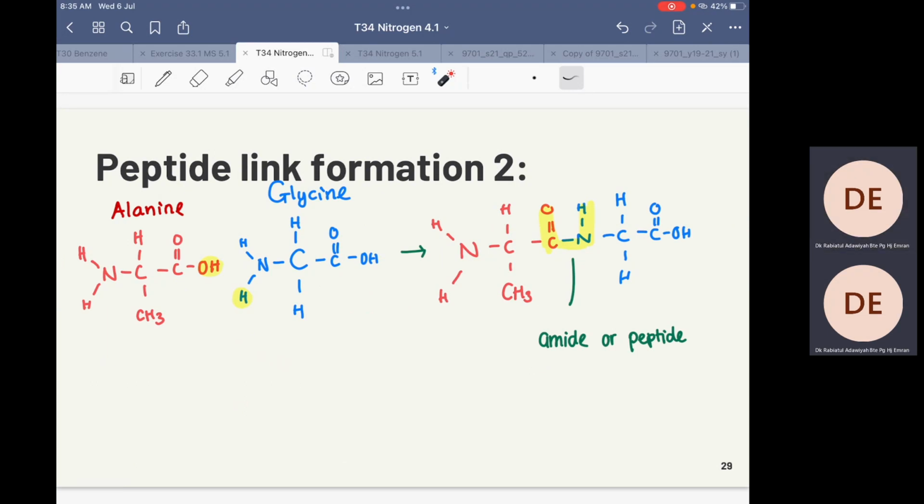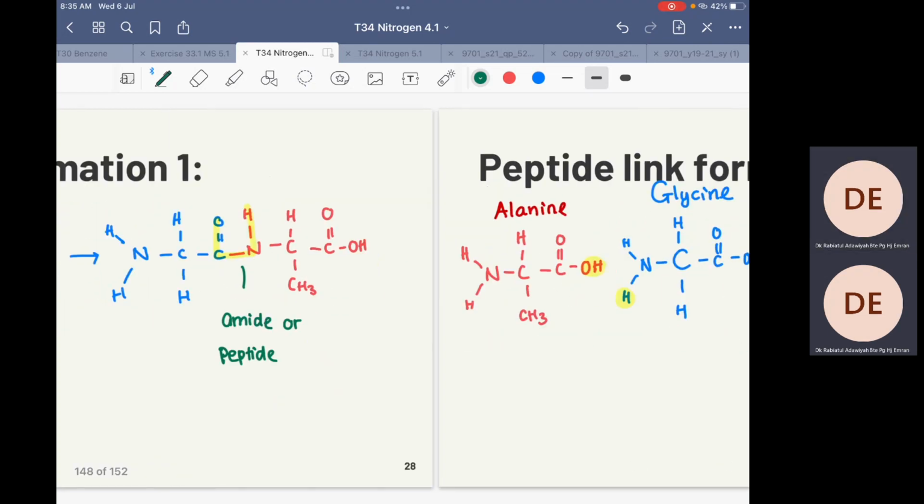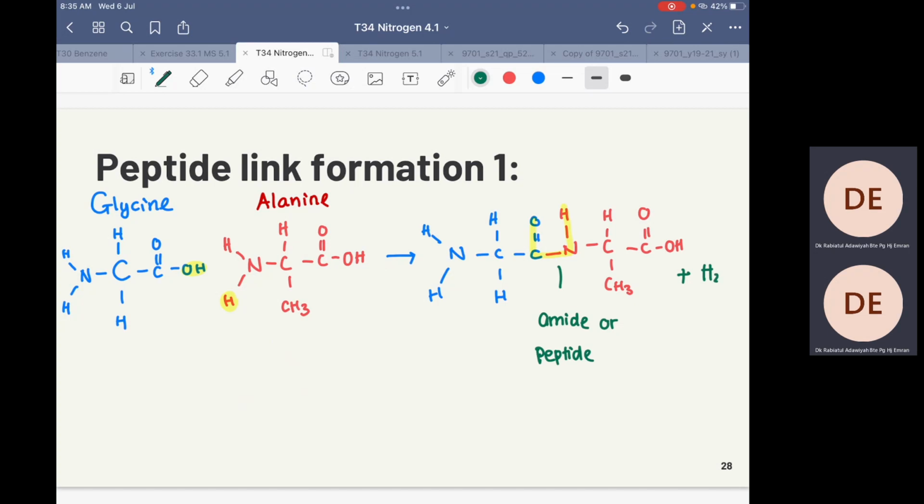If you try to put these two dipeptides side by side, I think you can see it on your notes. These two are not the same, okay? They are different. Plus H2O, don't forget, because I forgot about that. Plus H2O as the side product, the molecule that is being eliminated.